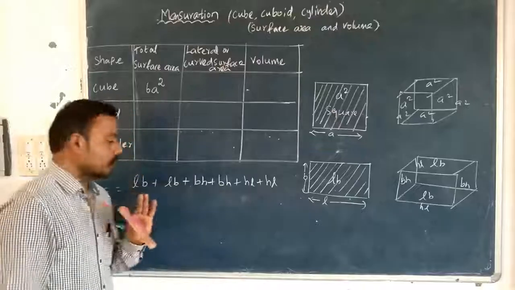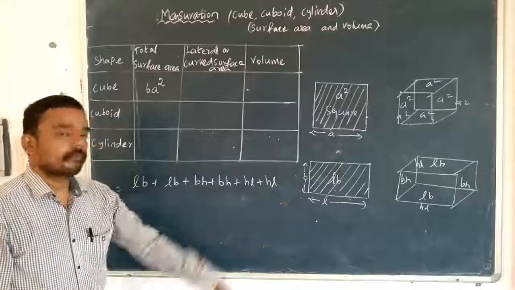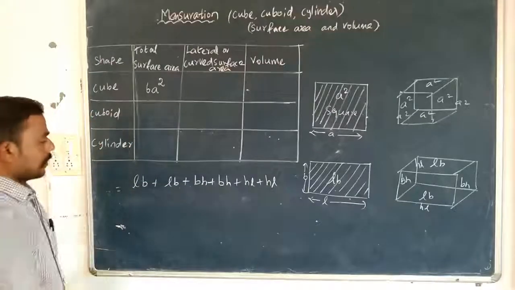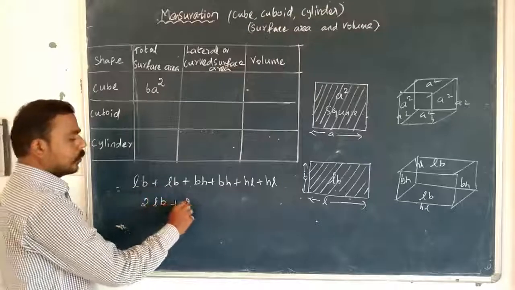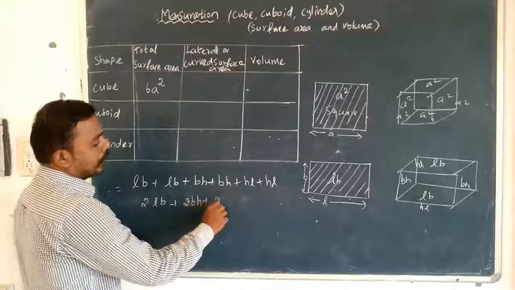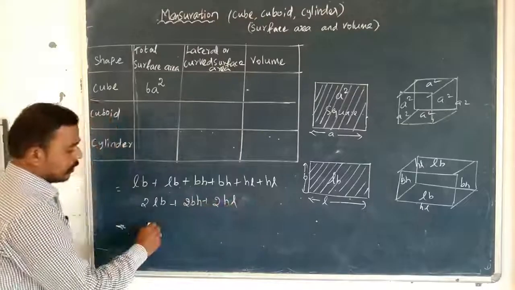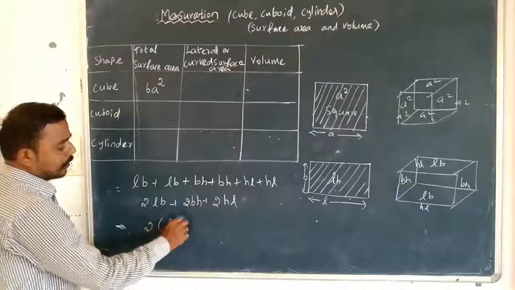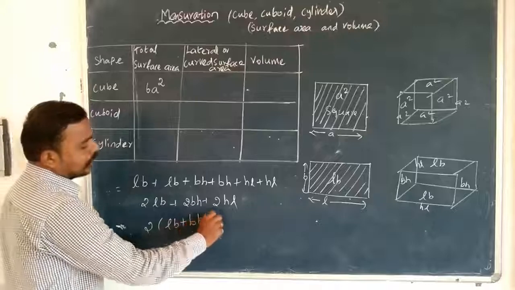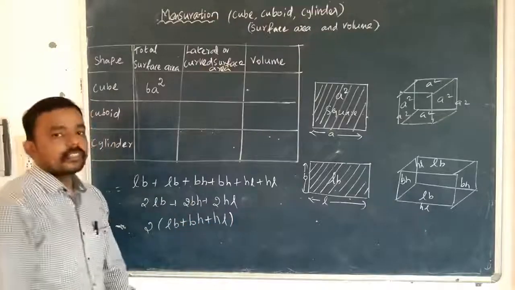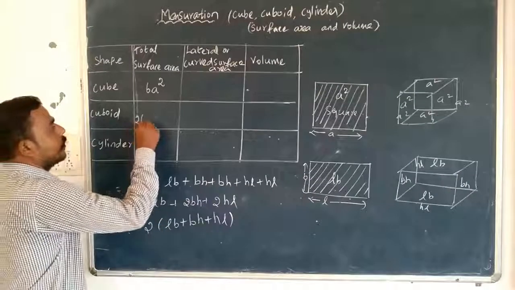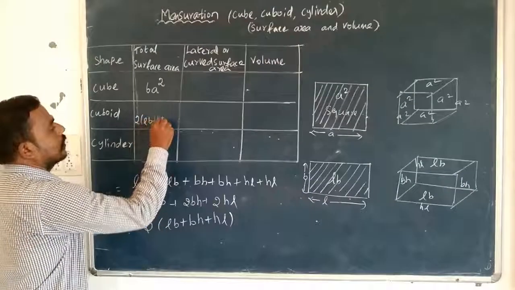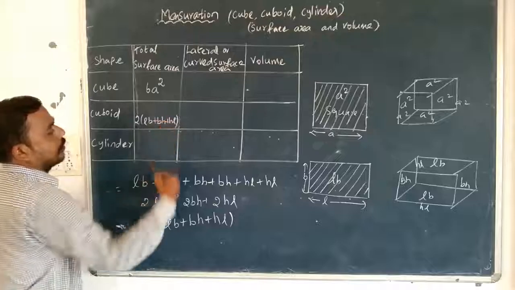So totally six sides. So 2 times LB, 2 times BH, plus 2 times HL. So 2 into LB plus BH plus HL. This is the total surface area: 2 into (LB plus BH plus HL).